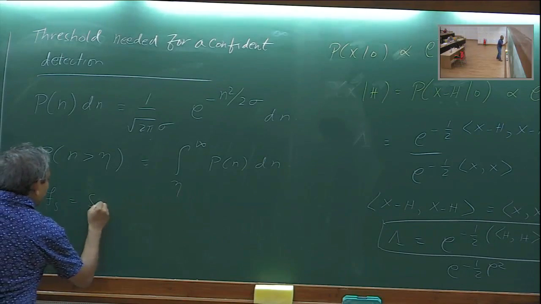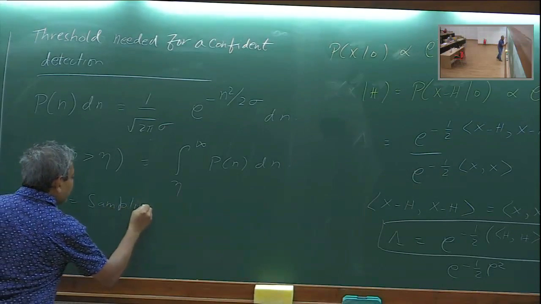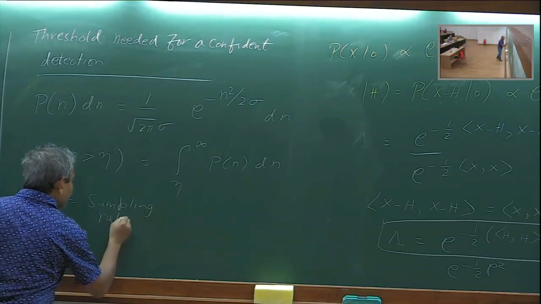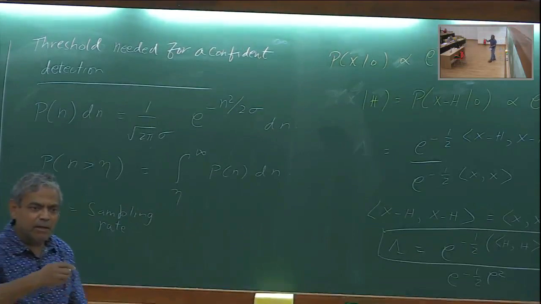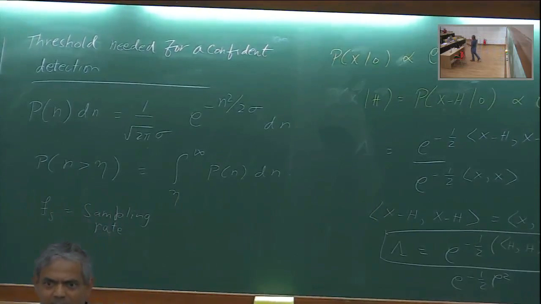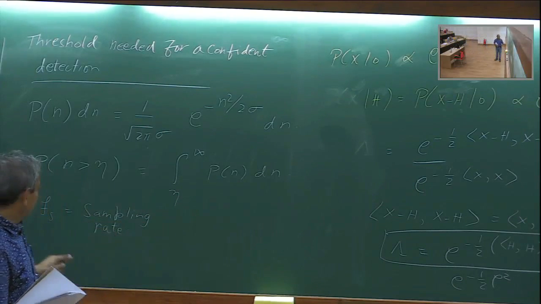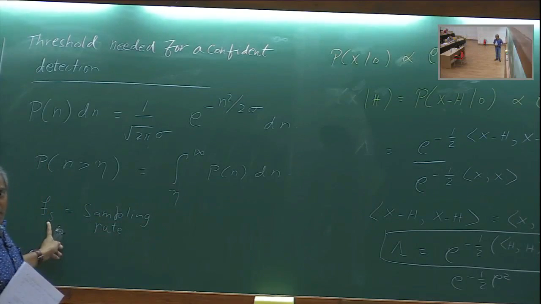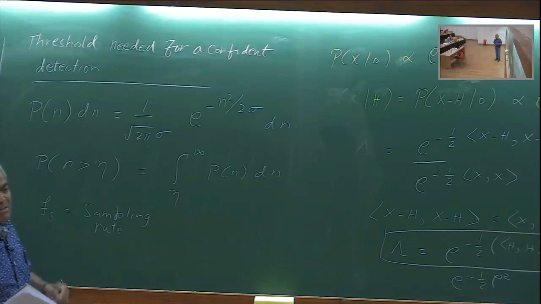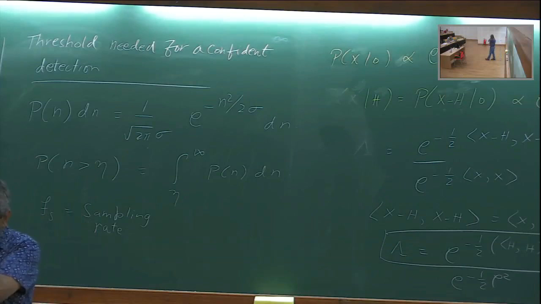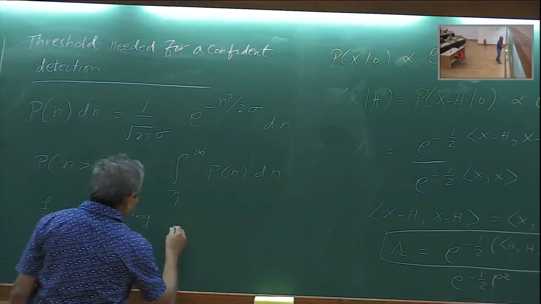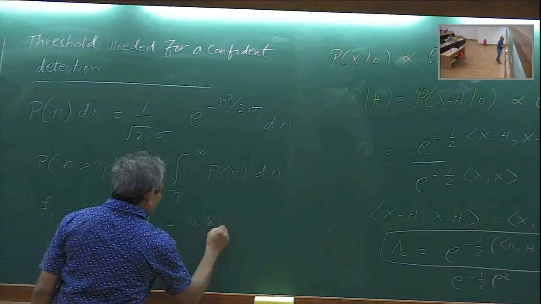Fs is the sampling rate. Not every one of the data points sampled in the match filter output is independent. However, if I want to be pessimistic about my computation of eta, I can assume that every one of those samples is independent. For gravitational wave detectors, this is typically 16 kilohertz.